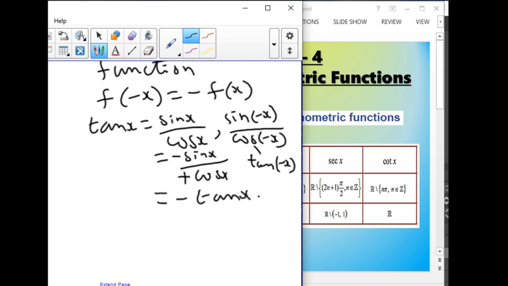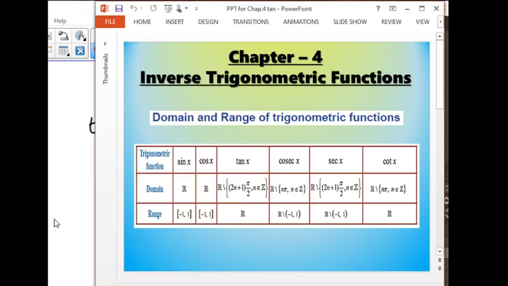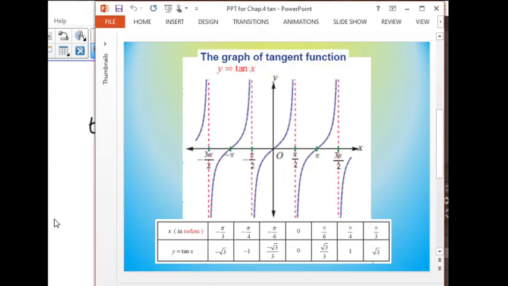Then this table is given on page number 143 in your book. With this table you can plot the graph. See here, if you take x as minus pi by 3, which is minus 60 degrees, tan 60 is root 3, so we get minus root 3.